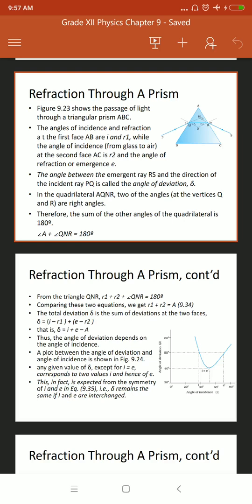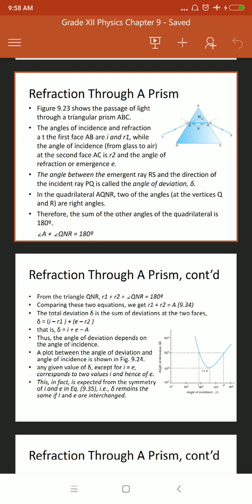Here you can see from the diagram that I and E will be almost equal, but that is in the deviation form. So this deviation delta is required to be determined. Here the quadrilateral A, Q and R is available, having two angles at Q and R. These are right angles, so vertices Q and R are 90 degrees each.